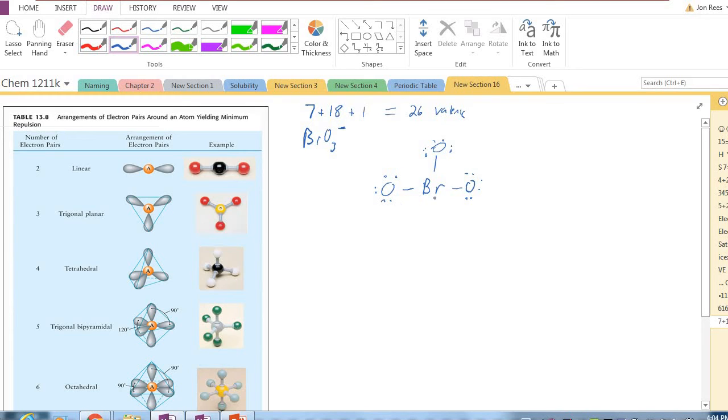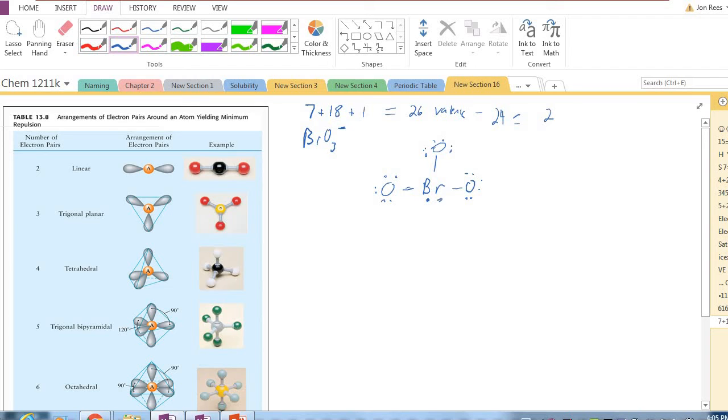Okay, so here's bromate. And so let's count our valence electrons here. So we have 8 times 3, so I have 24 valence electrons. If you're wondering where I got the 8, there are 2, 4, 6 in the lone pairs, and the bond also has a pair, so there's 8, and I've got 3 of those around that bromine. So now I've got 2 valence electrons that I have to account for.